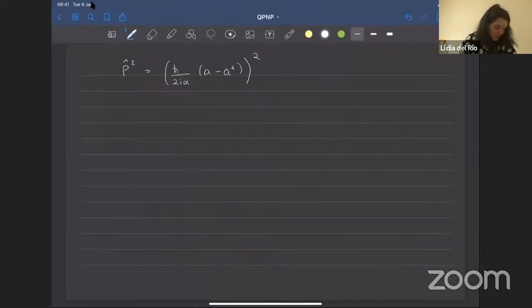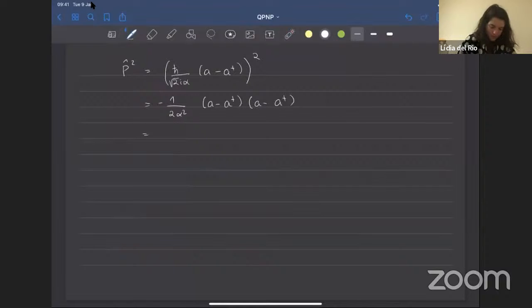So what you're going to get, we have this i squared gives us a minus sign. Then, oh, there was a square root of 2 there. Then we get 1 over 2 alpha squared. And now we get this thing squared, so A minus A dagger, A minus A dagger.